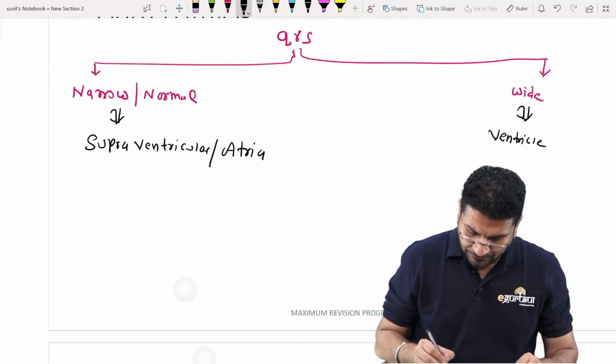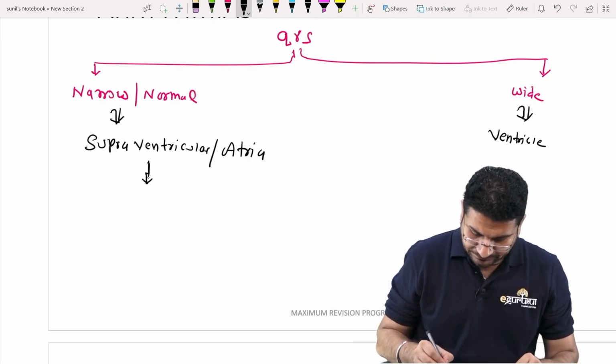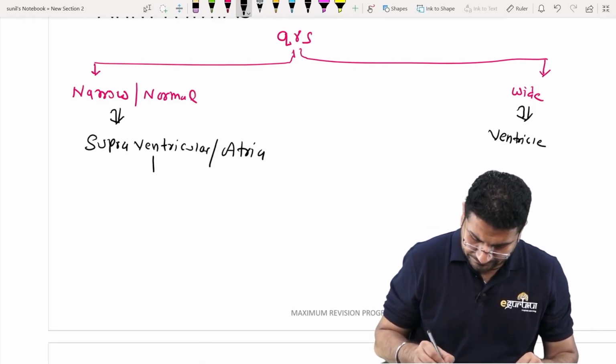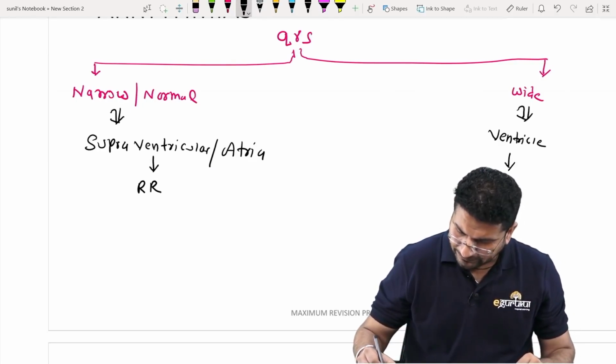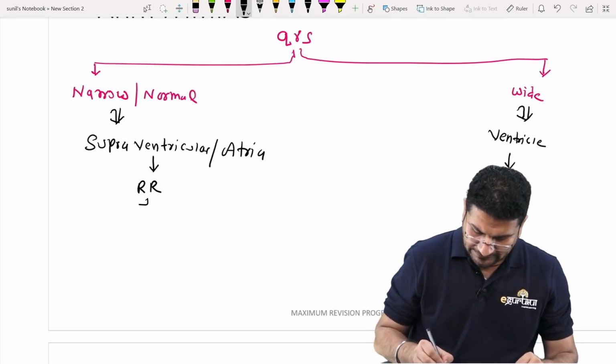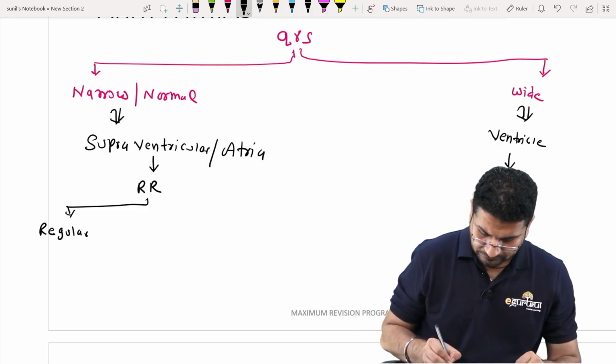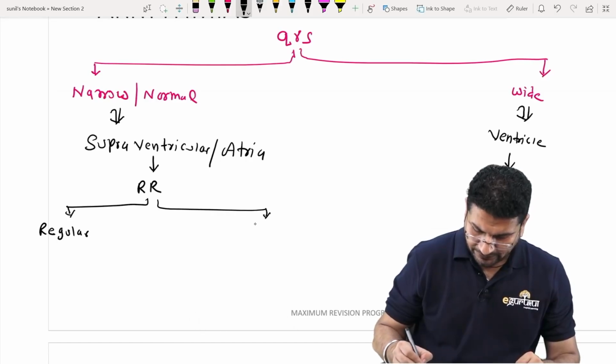Okay, then after that you should focus on the RR interval. The RR interval is either regular or irregular.